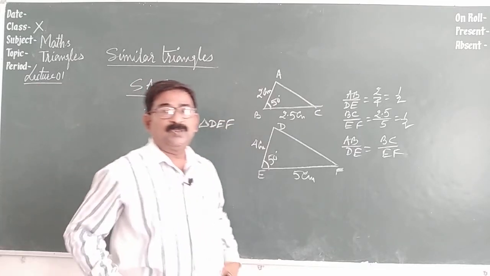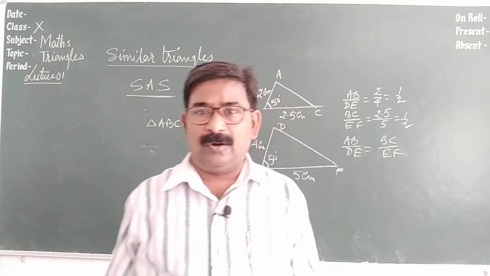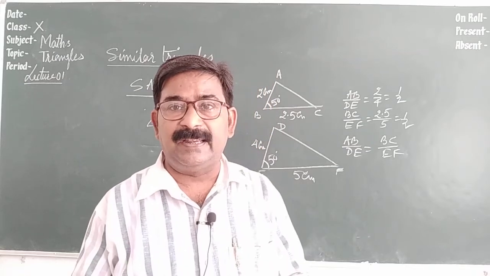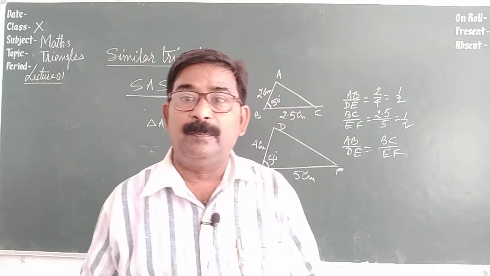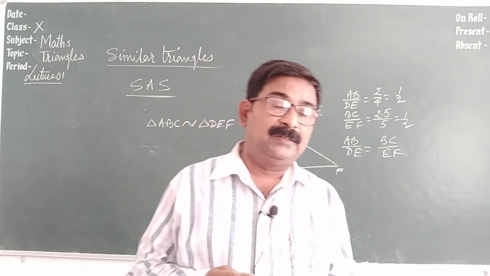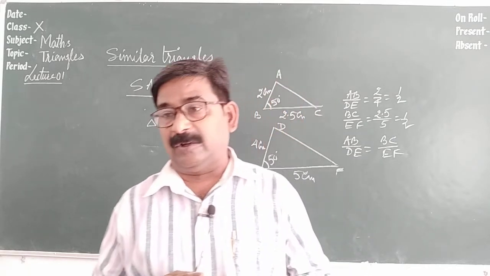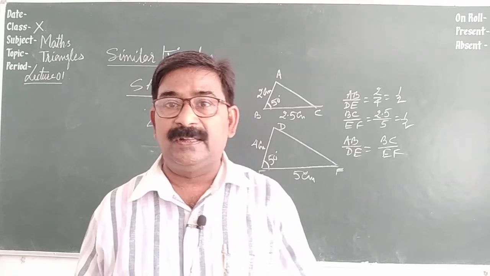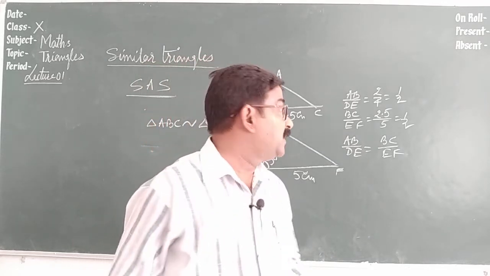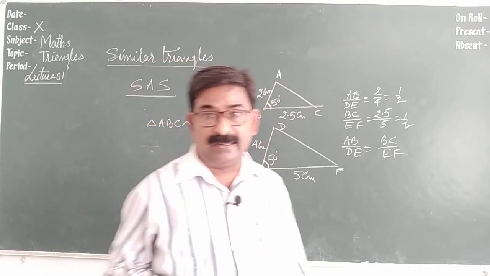Got it? So we have given three criteria of similarity. One is what? SAS criteria of similarity. In two triangles, if the ratio of corresponding sides is equal, then triangles are said to be similar by SAS criteria.